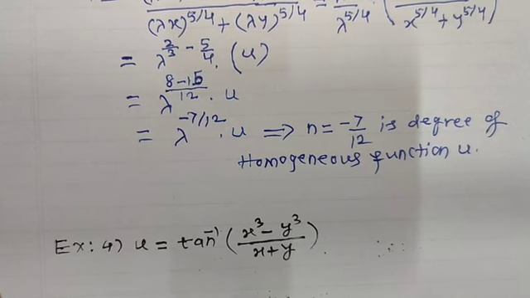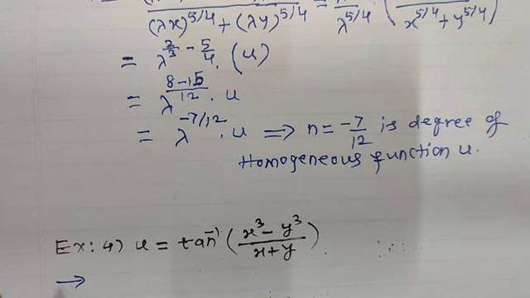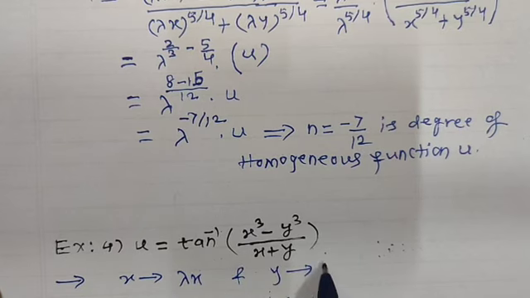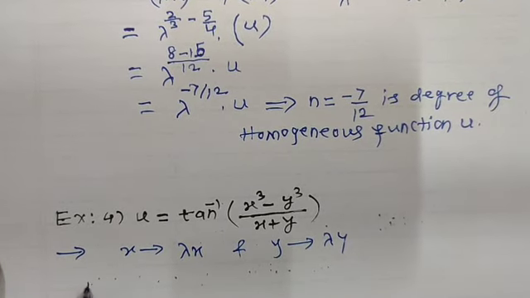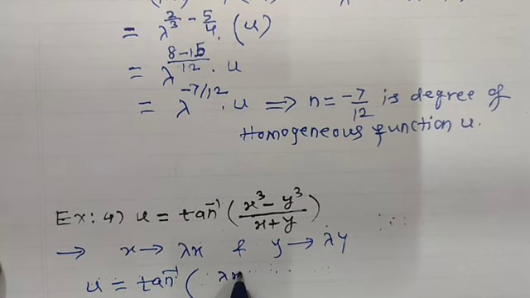Now here, replacing x by lambda x and y by lambda y, then u is equal to tan inverse of lambda x cube minus lambda y cube divided by lambda x plus lambda y.